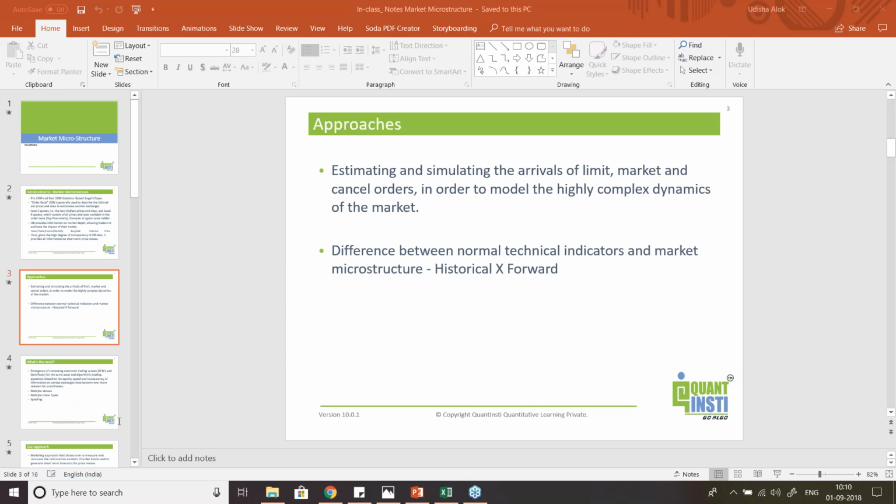Probably you can contact the support team if the connectivity is not good. Or you can view the lecture afterwards. Are you asking about the order book or are you asking about the session tab? I am not able to understand. Okay. Just a second, guys.